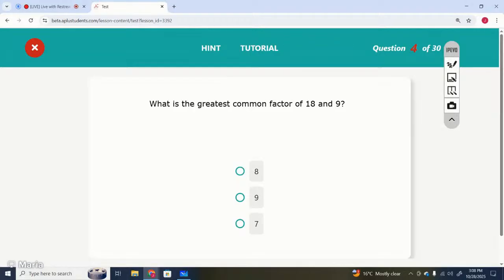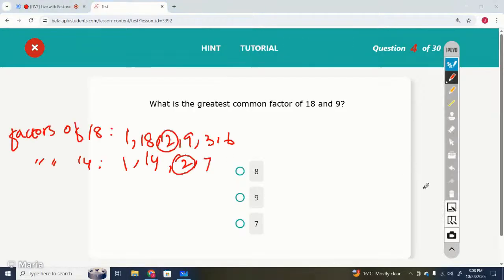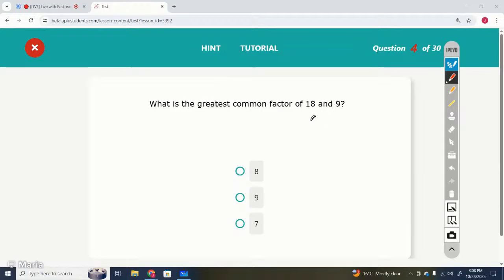What is the greatest common factor of 18 and 9? Basically, the greatest common factor is the number that can divide both the numbers evenly, right? So you can see 9 is the number that can divide both of them easily. 9 times 2 is 18 and 9 times 1 is 9. Let's just write down the factors of 18. 1 times 18 is 18, 2 times 9 is 18, 3 times 6 is 18.